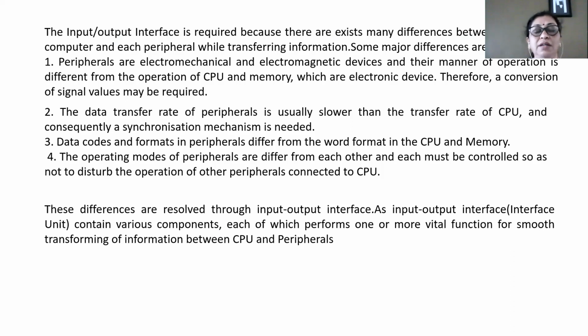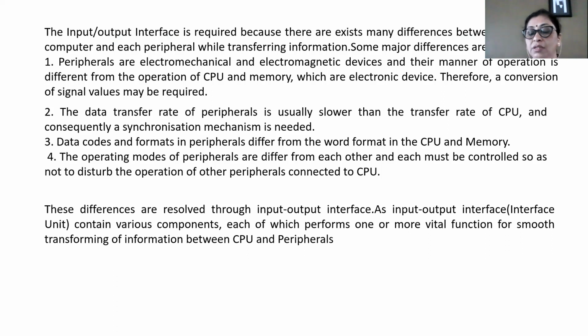The first reason is that the various types of peripherals, if you consider a hard disk drive or a keyboard, operate in a way that is different from the way in which the CPU and memory operate. Peripherals may be electromechanical or electromagnetic devices, and their signal values may be different from those of your central processing unit.